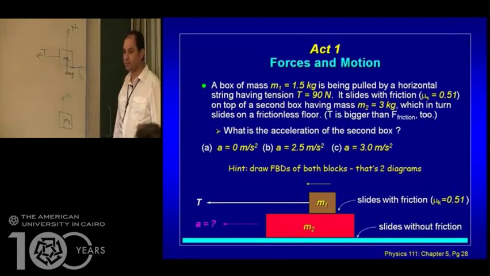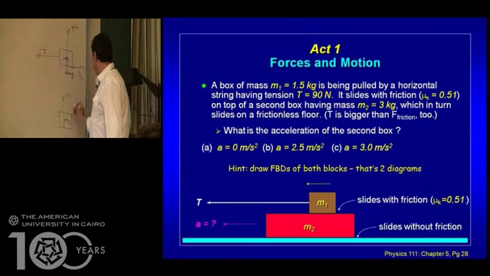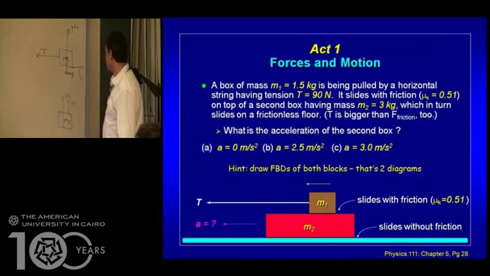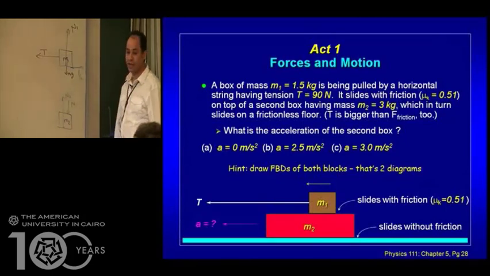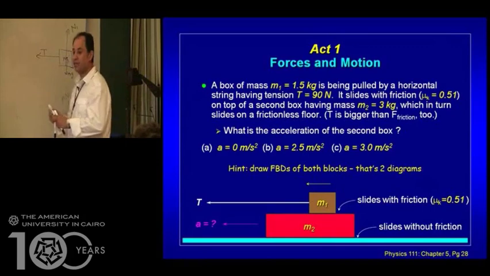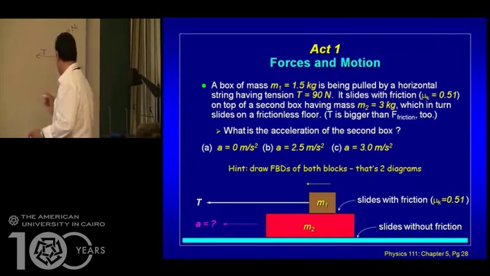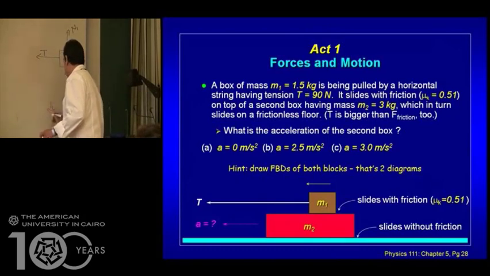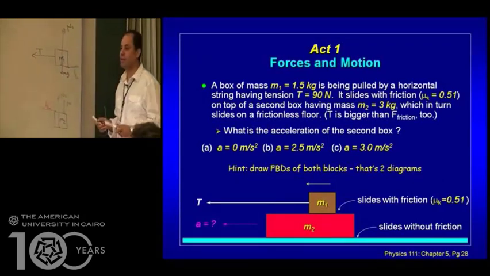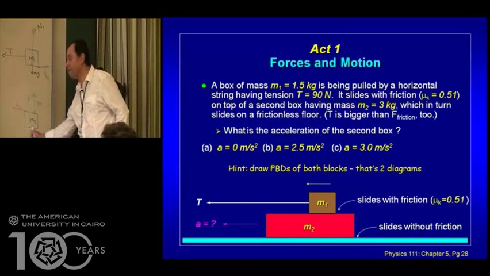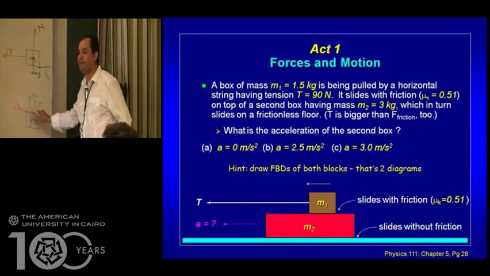And M1 is pushing down on M2 with the normal force N1. And friction force in what direction? Oh, no, that's good. Someone is saying it's in the opposite direction. The friction force in that case? There's no friction. How do you know? There's no friction in here, but there's friction in here.